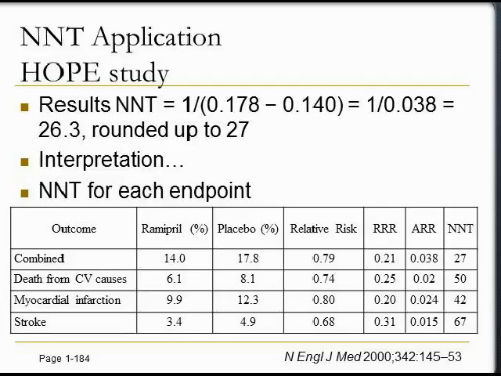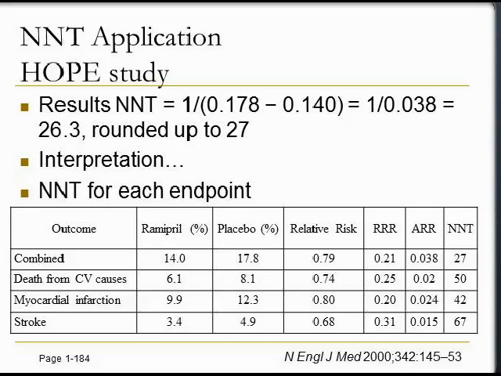So here's a number needed to treat application from the HOPE trial. I've shown this is the absolute risk reduction. Obviously written here, the important concept is this is written in decimal format, not in percent format. So in this situation, 26.3 was the number needed to treat for the combined endpoint, rounded up to 27.